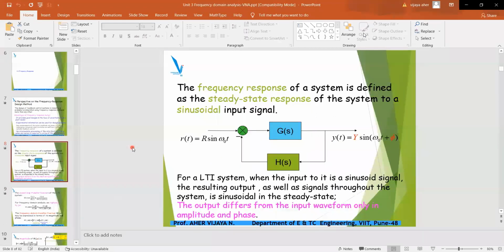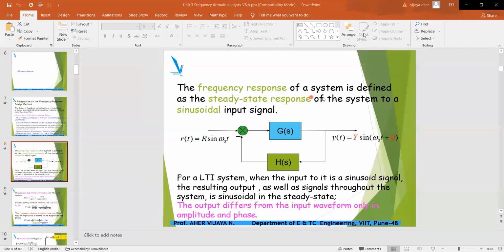Now, please try to understand the meaning of the term frequency response. I have just explained it, but in proper definition, you are supposed to write what frequency response is. This is a very important term.